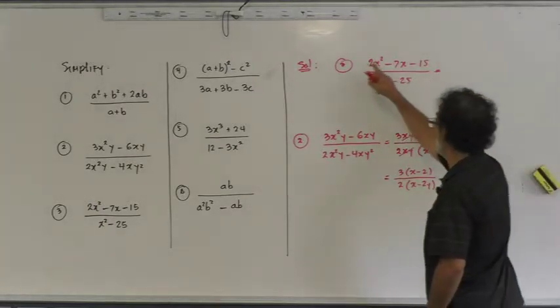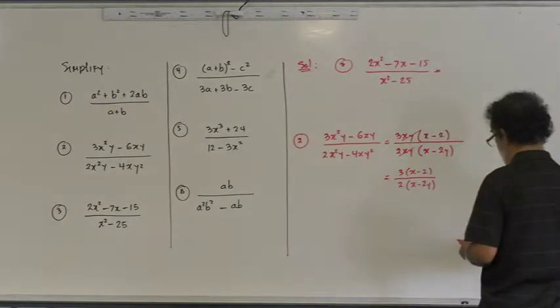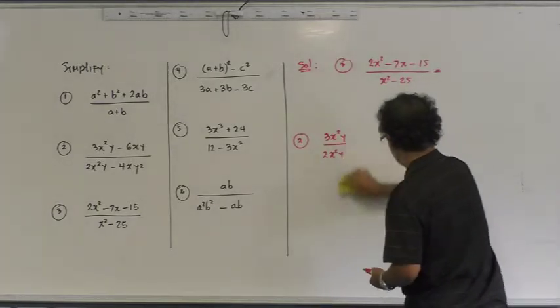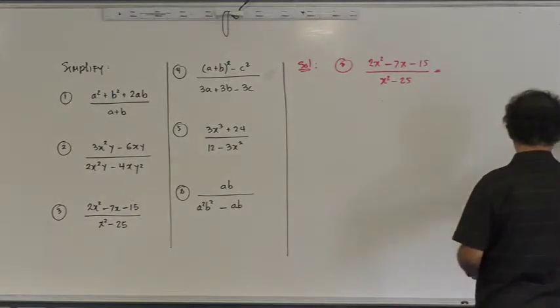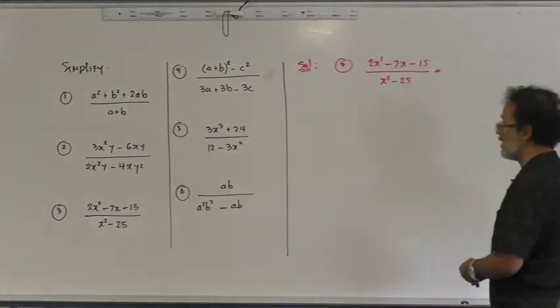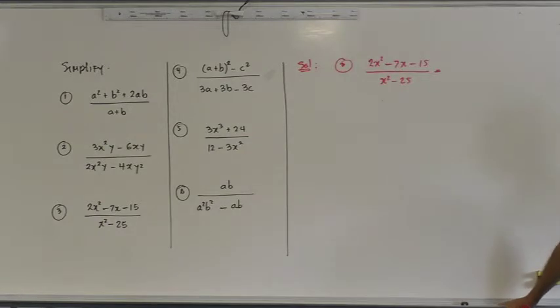Do you remember how you factorize a trinomial? If you don't remember, then you are in trouble because you need to revise regularly, and by now you should know very well what to do.